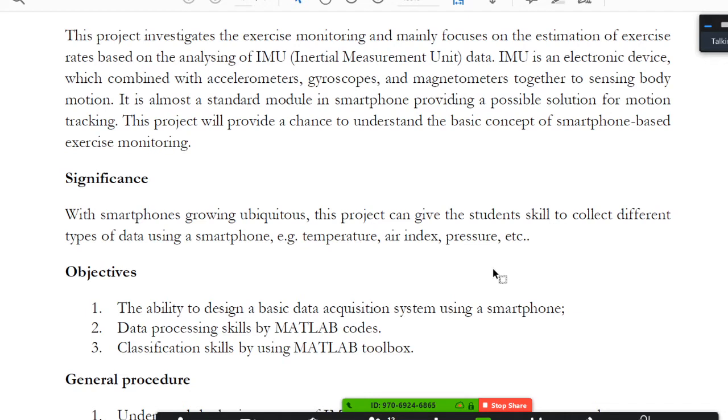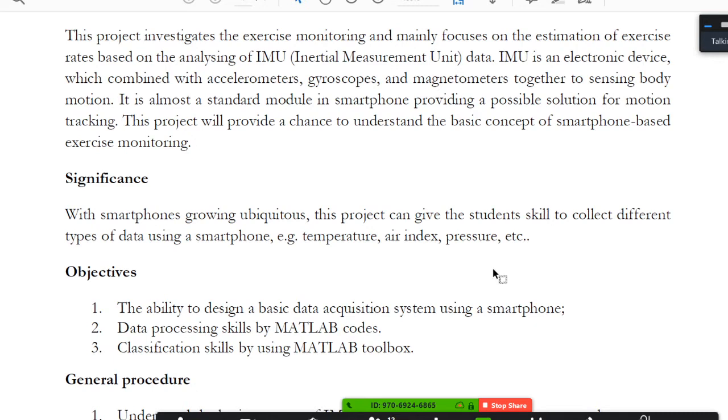But for this project, I'm not asking you to do such hard things. I just want you to estimate the exercise rate. What's the rate at which you exercise? This is important because this is your exercise strength, and then we can approximately estimate how much energy you spend. For example, for diabetes, if you want to control your weight, you need to know how much energy you have spent.